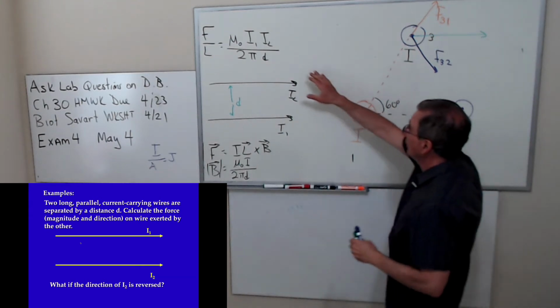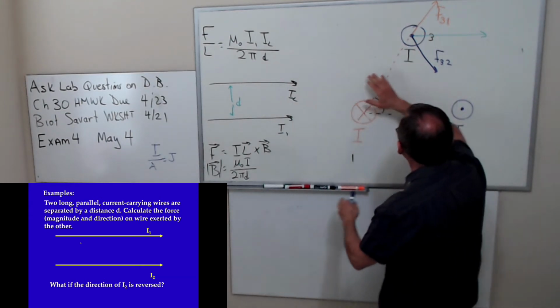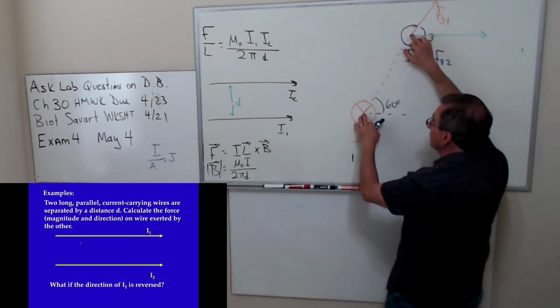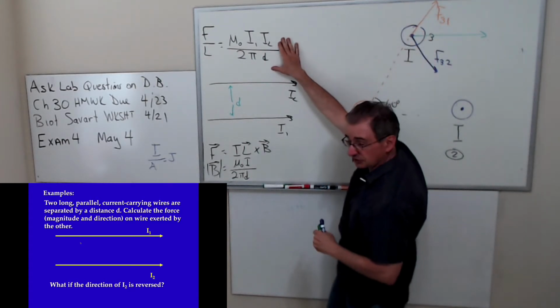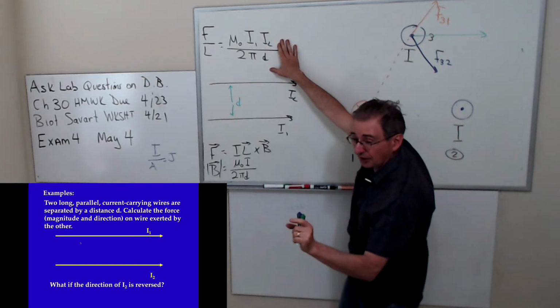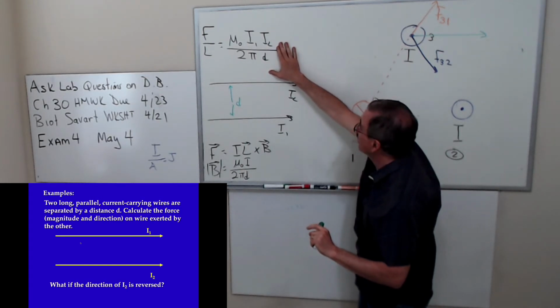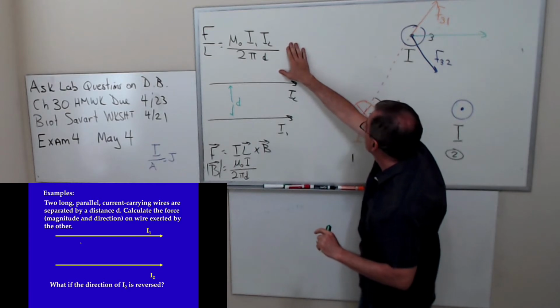Why? Because, and some of you folks said it, I got to find the force between these two, right? I got to find the magnitude of the force between these two. It's given by this expression, right? Oh, the force per unit length. Right, I got to say the force per unit length, because these are infinite wires.